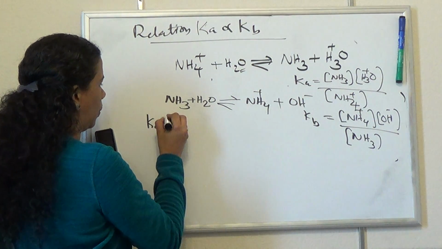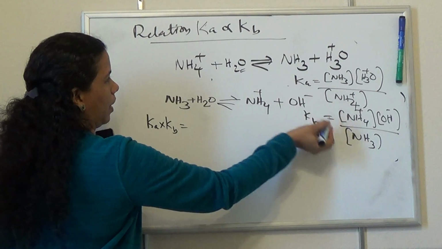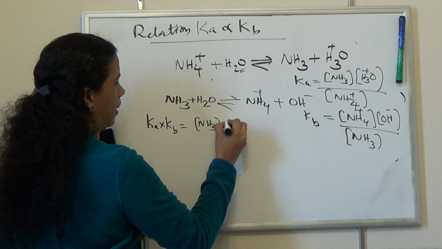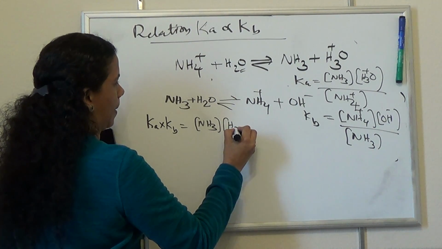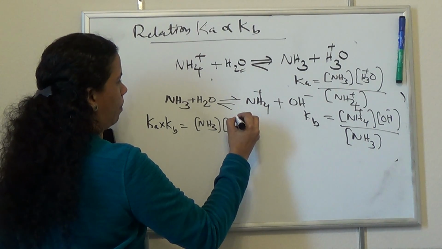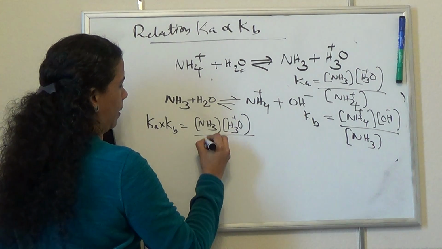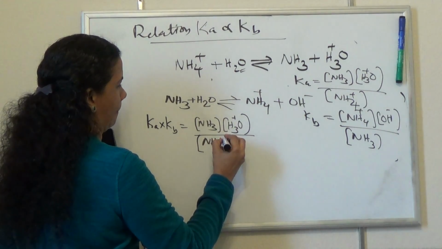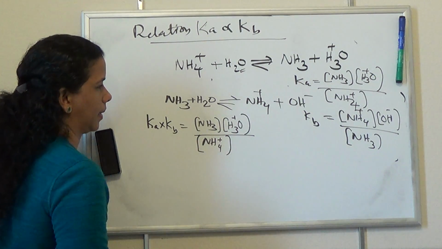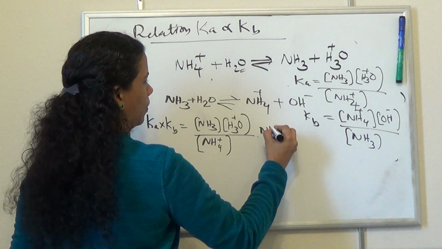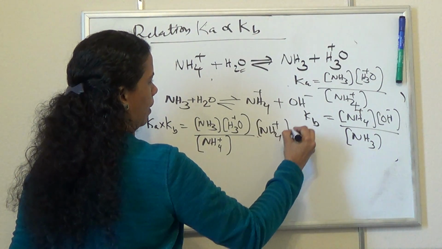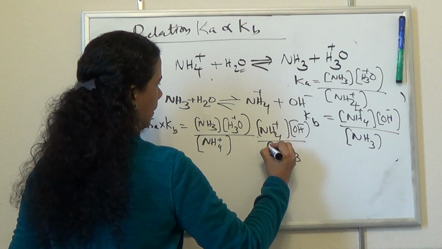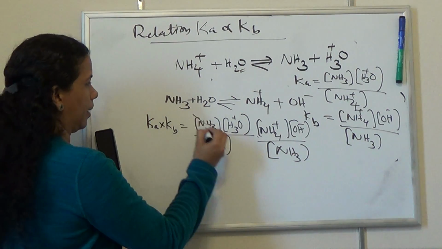Multiply Ka into Kb. Then on the right hand side, Ka is NH3 into H3O plus over NH4 plus, and Kb is NH4 plus into OH minus over NH3.